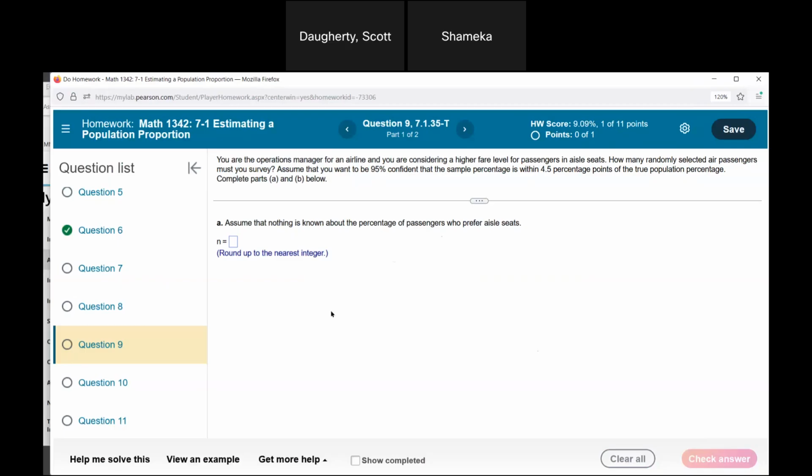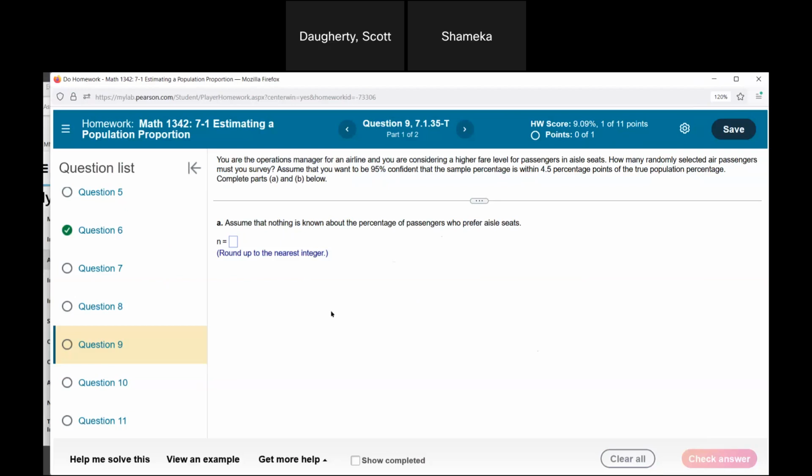So in this particular problem, if you read through it, they're basically saying how many air passengers must you survey if you want a 95% confidence interval ultimately, where the margin of error is within 4.5% of the true population percentage.